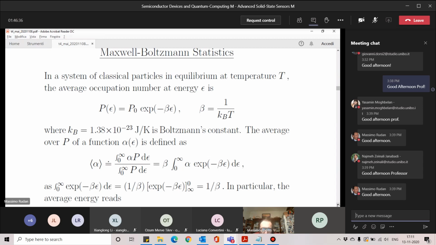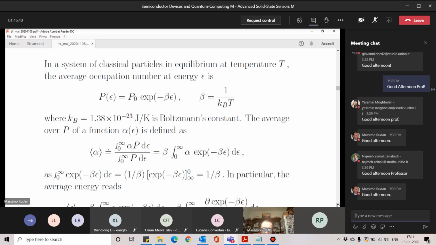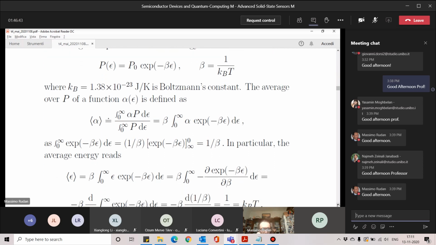So if you have another function alpha that depends on energy, and you want to calculate the average of alpha according to this distribution, you take alpha times P, integrate over energies, that is from 0 to infinity, and then normalize to the integral of P. On the other hand, it is immediate that, apart from the multiplicative constant, the integral of P is equal to 1 over beta.